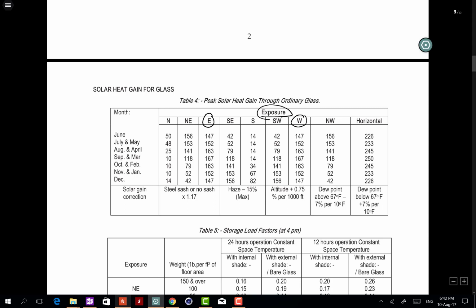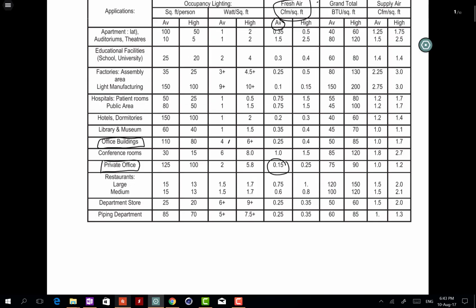So if we design 147, when we reach September, the value will be higher than the requirement, and then our cooling load cannot sustain the value of this exposure. So we need to take the maximum value, and the maximum value always occurs in September each year. So both east and also west is 167.